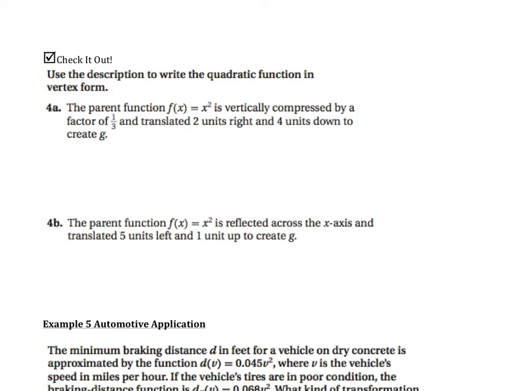So first off, vertically compressed is my a. Translated to the right is your h. And 4 units down is your k.